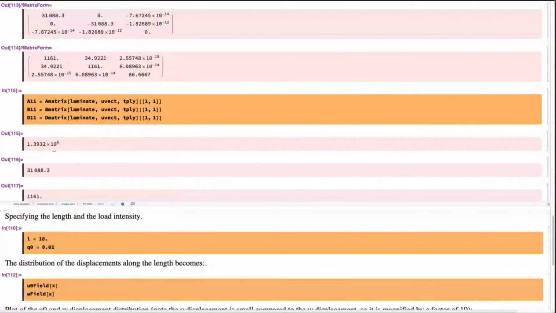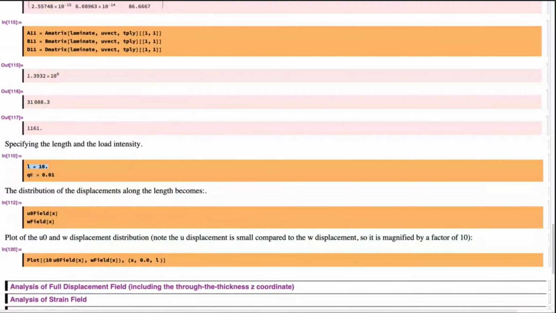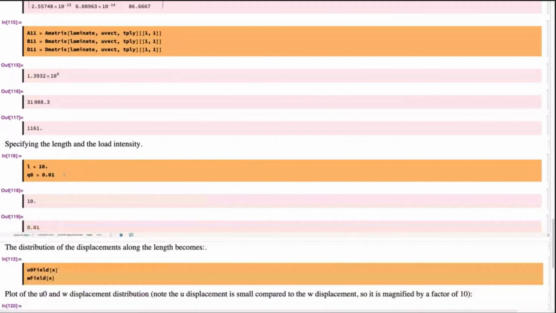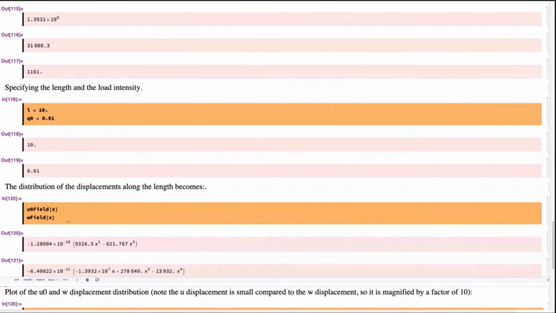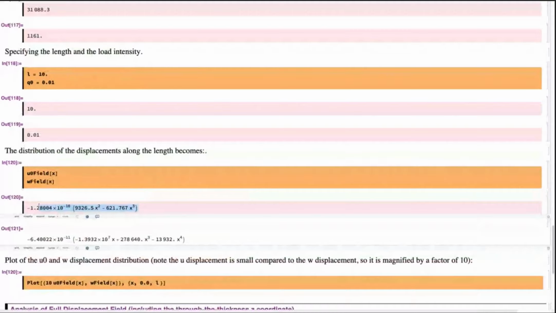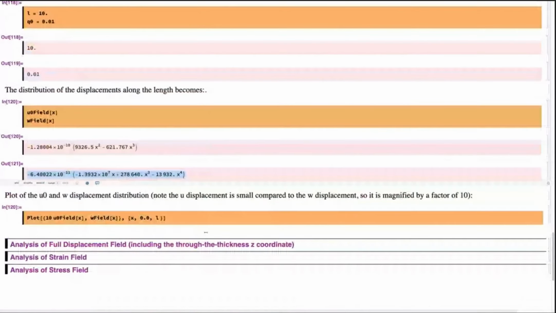These are my A11, B11, D11. If I use L equals 10 and Q equals 0.1, this is the loading. I can look at my field equation for U0 and field equation for my W. This is cubic, and this is a fourth-order equation, which means I can make a plot of it.